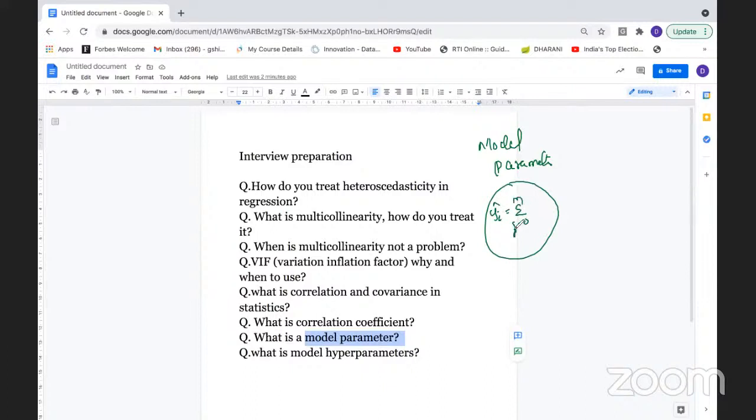I write an equation here: sum of x_ij w_j. So I will have w naught, w1, w2, up to wm. These are nothing but my model parameters. What about my hyperparameters here? These are my hyperparameters.